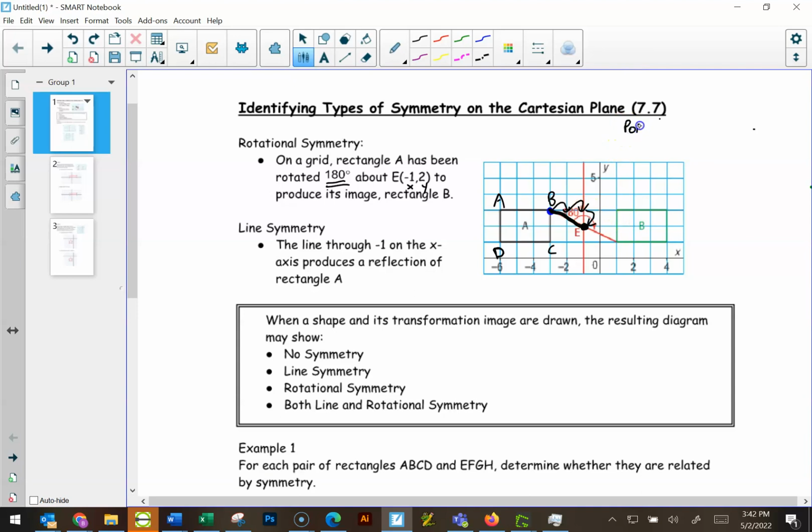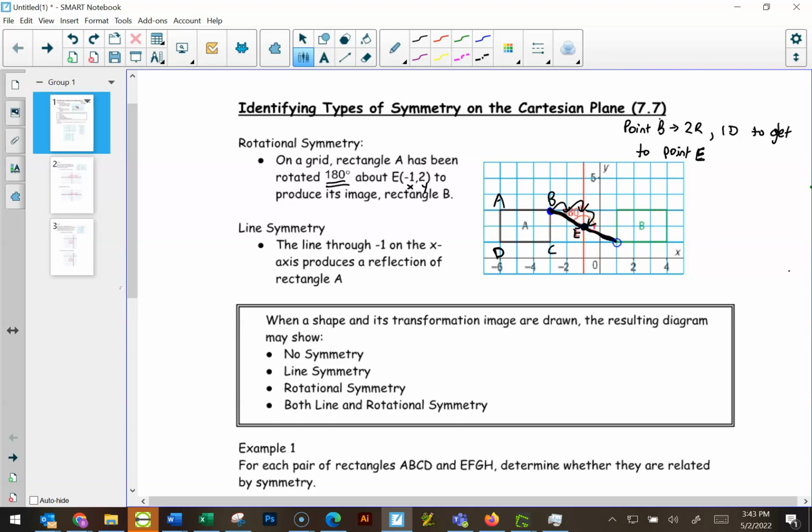Okay, so point B can go right, so 2R for 2 right, and then 1D, which is 1 down, and we get to point E. So point B goes 2 right and 1 down to get to point E. Now I know that point B has to be in a straight line somewhere on the other side of E. So the only way that I can put it on a straight line is to just continue that black line through here.